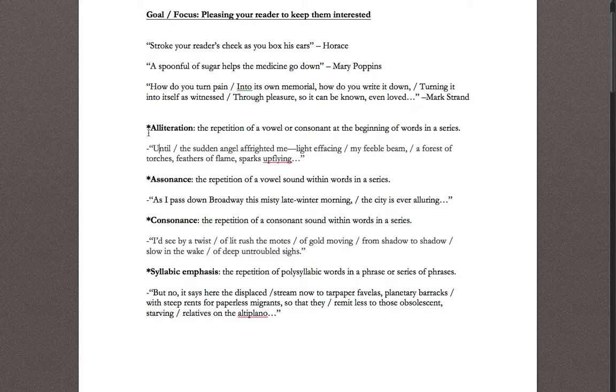So let's start with alliteration. Here's the definition and then an example. Alliteration, as you may know, is the repetition of a vowel or consonant at the beginning of words in a series.